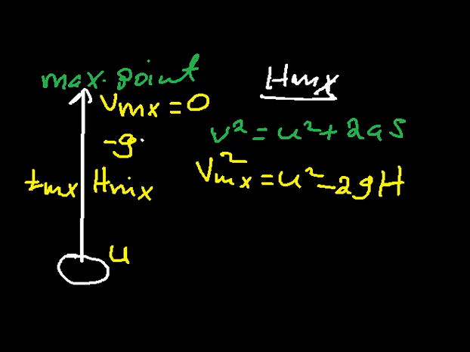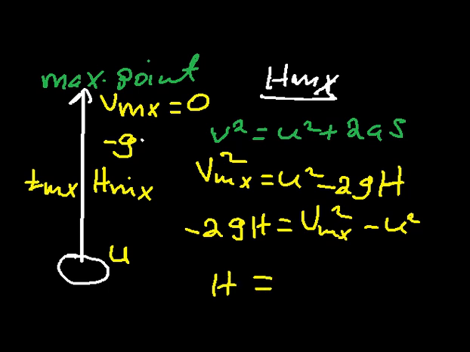Making h the subject of the formula, we have negative 2gh equal to Vmax squared minus u squared. So the maximum height is given as Vmax squared minus u squared, divided by negative 2g.